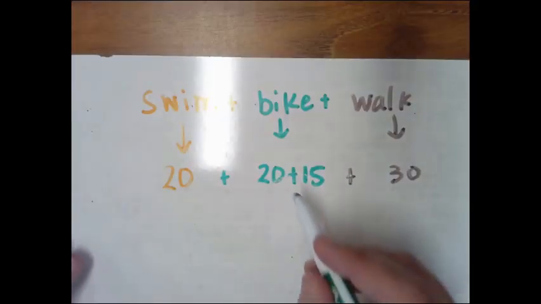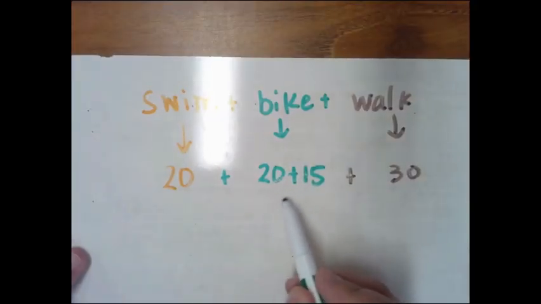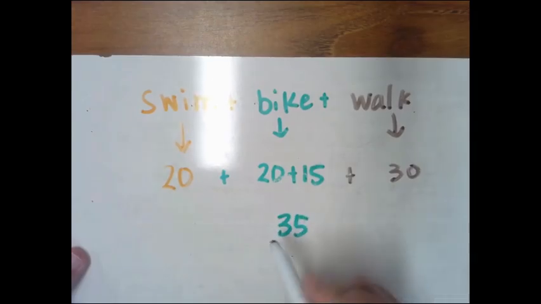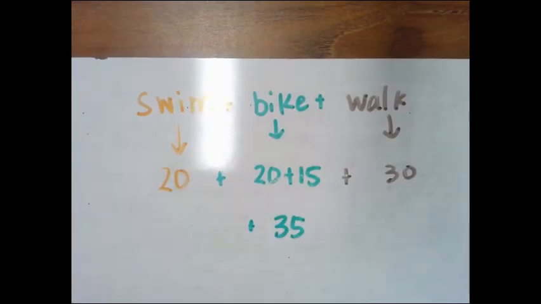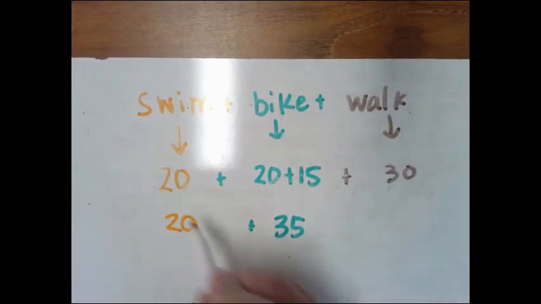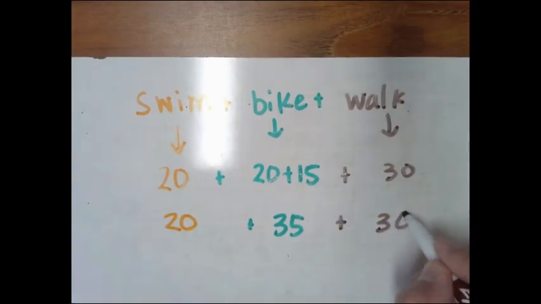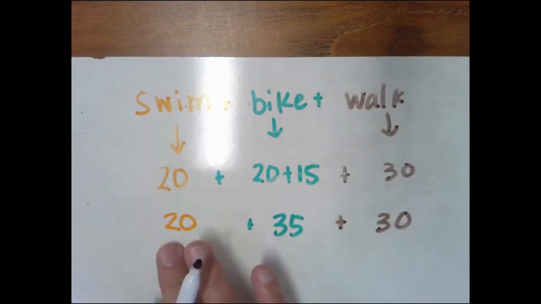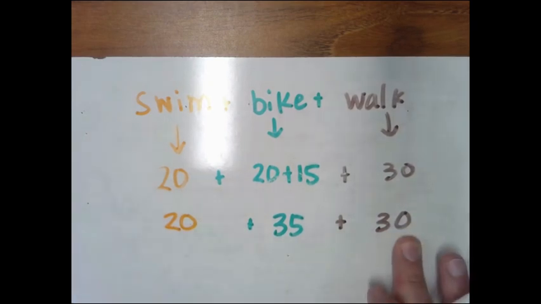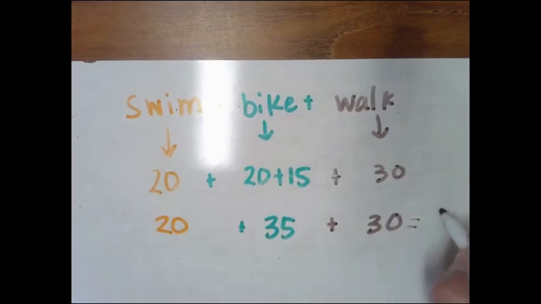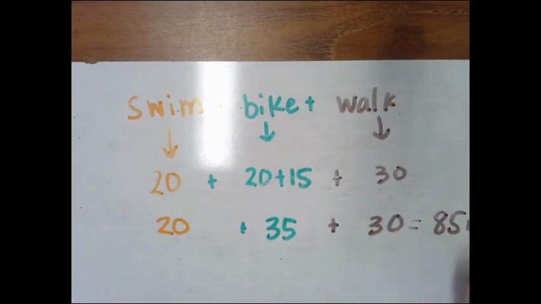Now we have to add all these up together. I'm going to start with biking, because we have to do a little figuring out. 20 plus 15 is 35 minutes for biking. Then we add that to our swimming, which is 20 minutes, and walking the dog for another 30 minutes. 20 plus 30 is 50, and then another 35 would be a total of 85 minutes.